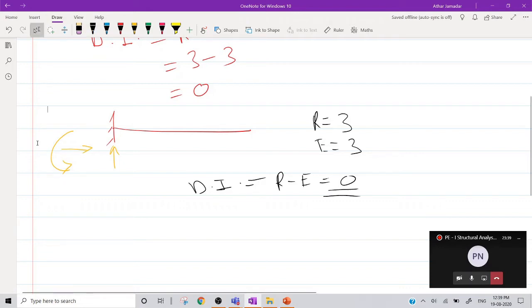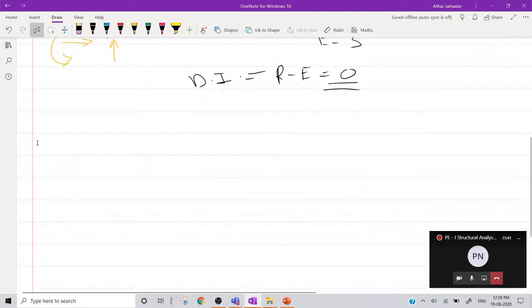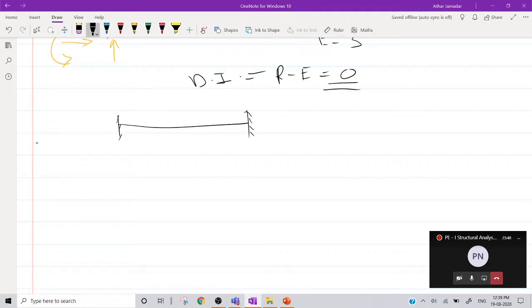Now let us consider the case of a fixed beam, a beam which is supported on both sides by fixed supports. So one vertical reaction, one horizontal reaction, and one moment at one support, and at the other support also one vertical reaction, one horizontal reaction, and one moment.